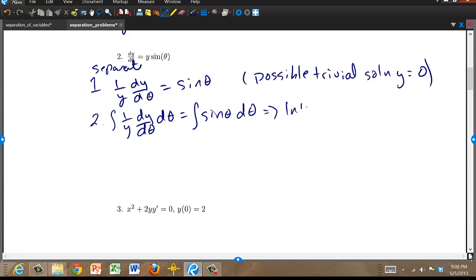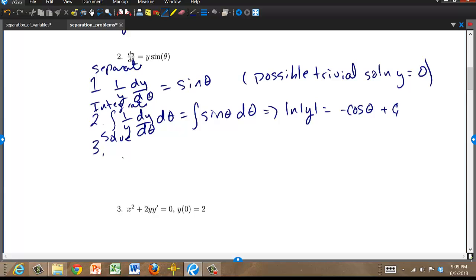That'll give you natural log absolute value of y has to be equal to, what is that, negative cos theta plus a constant. And now we'll go ahead and solve. So, integrate, then solve.